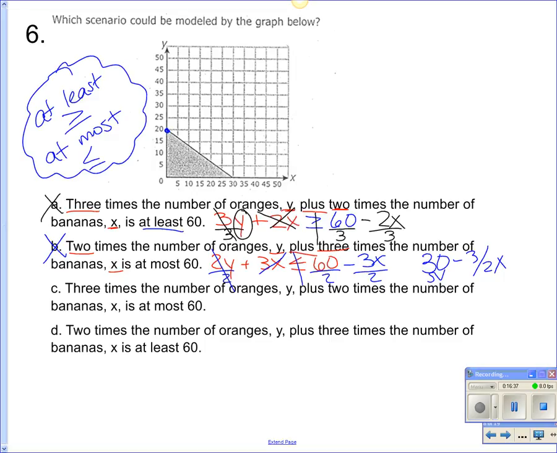Let me have Andrea help me write it out. Is at most less than or equal to or greater than or equal to? Very good. Less than or equal to 60.